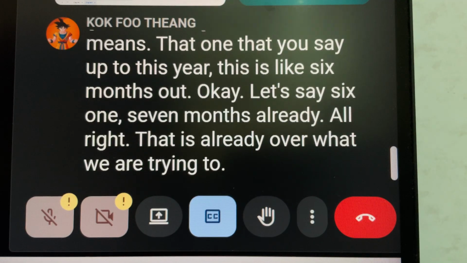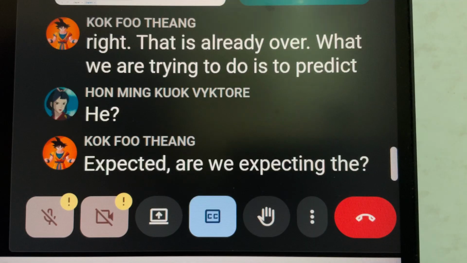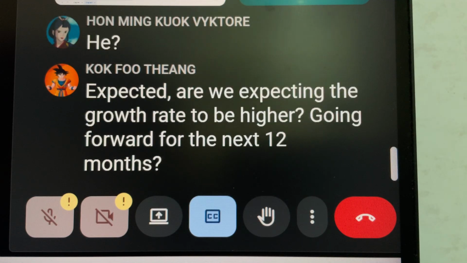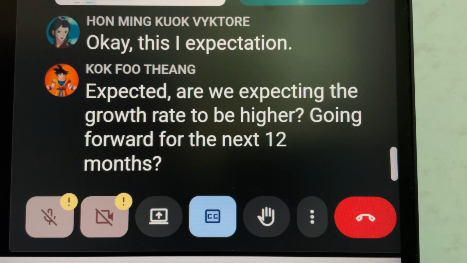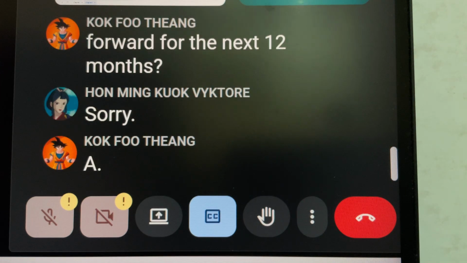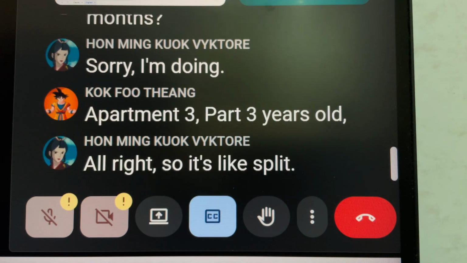What we are trying to do is to predict. Are we expecting the growth rate to be higher going forward for the next 12 months? This expectation should be for part 1 and part 3. Part 3 also, so it's like split.